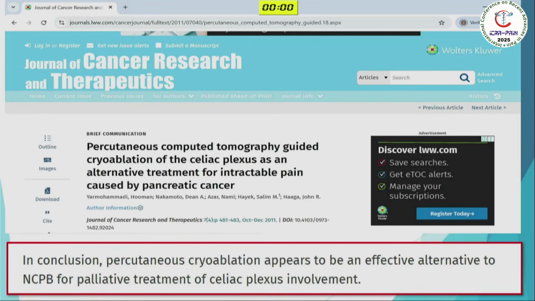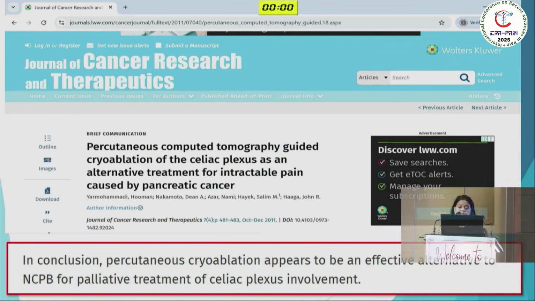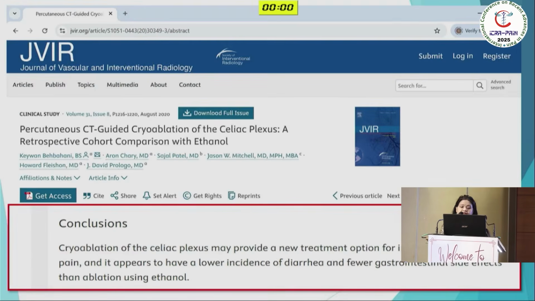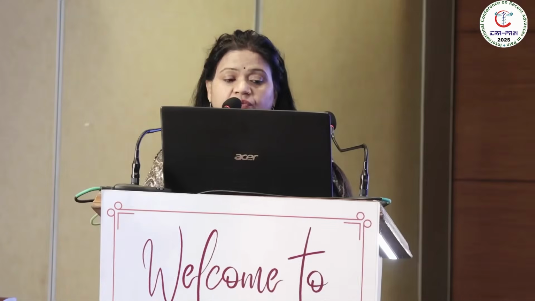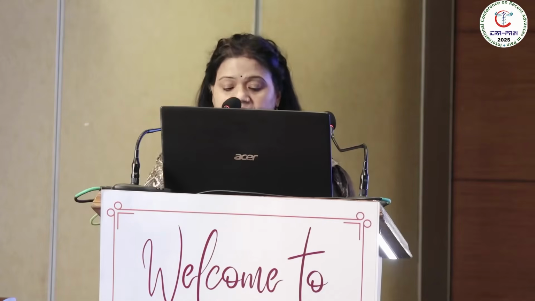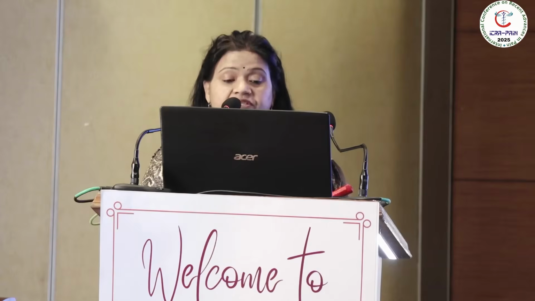This has also shown that it is an effective alternative to NCPB for palliative treatment of celiac plexus involvement. When I was searching the articles to present this topic, there were many publications which I have seen for cryoablation. So in the upcoming time, this may be replaced by cryoablation of the celiac plexus.